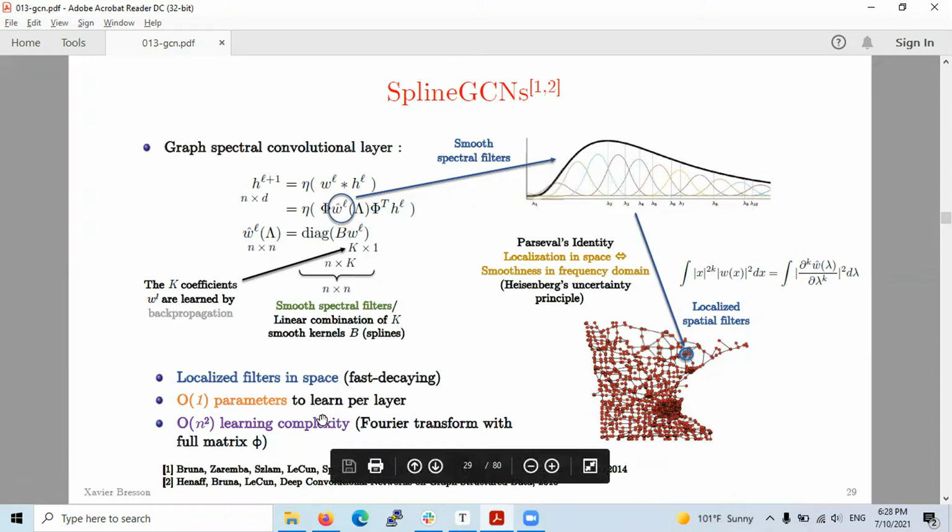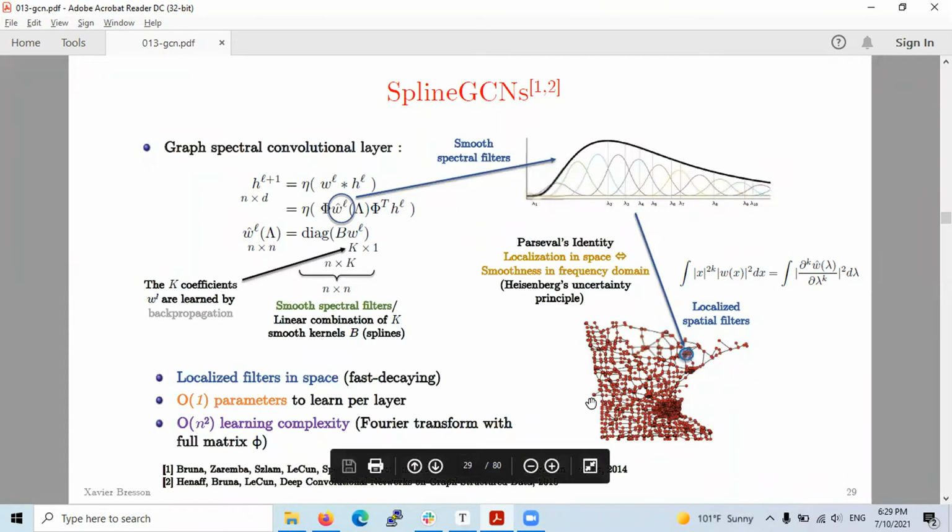When it is smooth, meaning wide, in the frequency domain, it is pretty sharp in the time domain, and the number of coefficients to be learned also reduces to k, because you're just defining a certain number of signals that are to be learned.